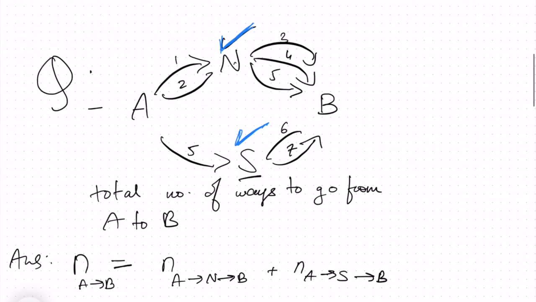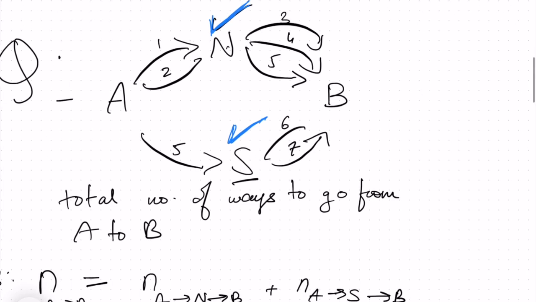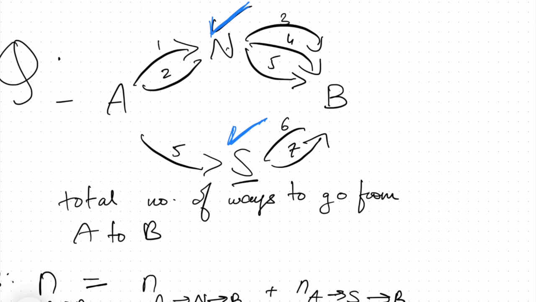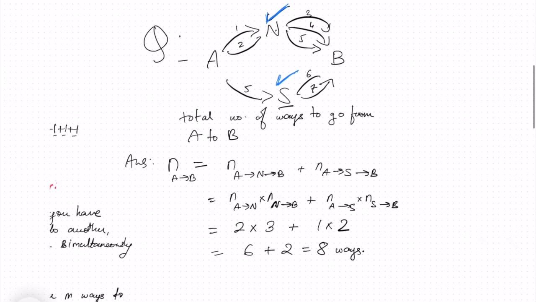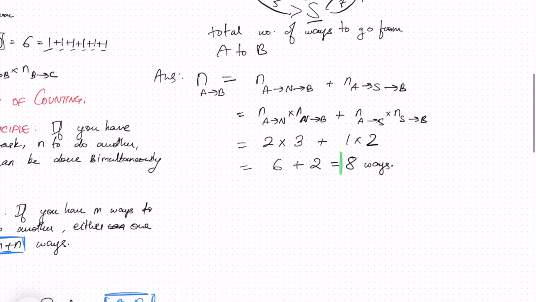So there's 8 ways to go from S to B using the principle of multiplication and principle of addition. So first see what the individual possibilities of going from A to B are, and then count the and then apply the multiplication principle. So 8 ways is the answer.